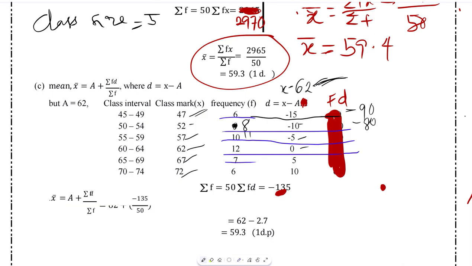Then 11 multiplied by negative 5, that will give us negative 55. And then 12 multiplied by 0 is 0. 7 multiplied by 5 is 35. And then 6 multiplied by 10 is 60. Are you seeing that now? So now let's do our summation using our formula.